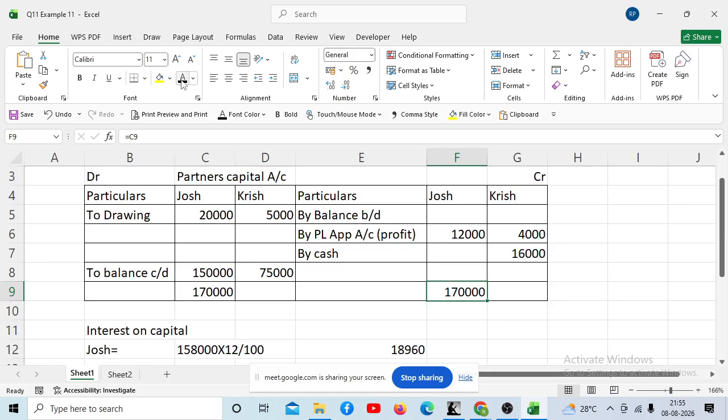So 1,70,000 minus 12, 1,58,000. Similarly, we will close this. 75 plus 5 is 80, so 80, 80 on both the side, and 80 minus 20, 20, no, this is 16 plus 4, 20, right?